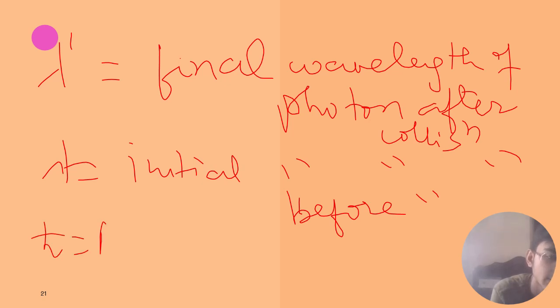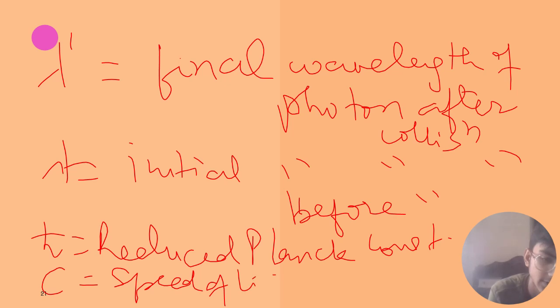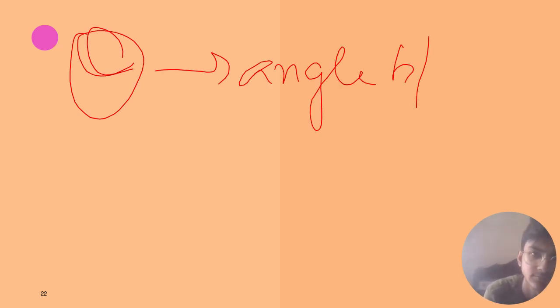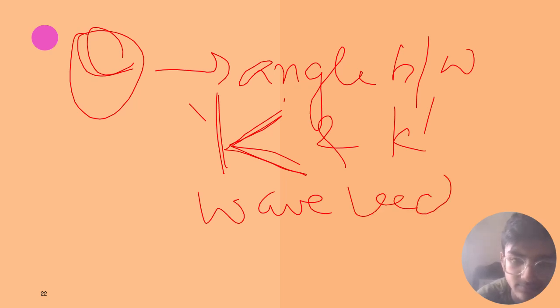H is your reduced Planck constant, c is your speed of light or of the photon, and theta is the angle between k and k dash wave vectors.